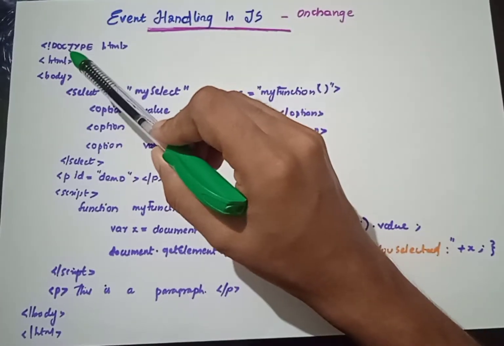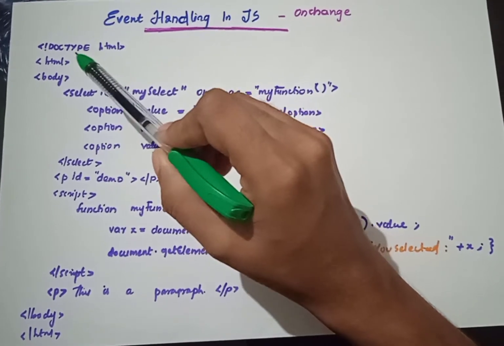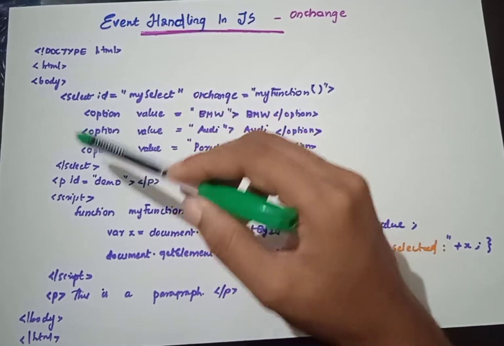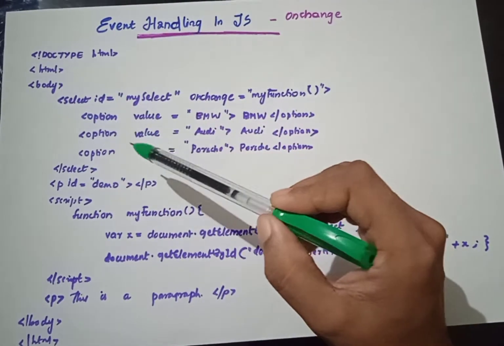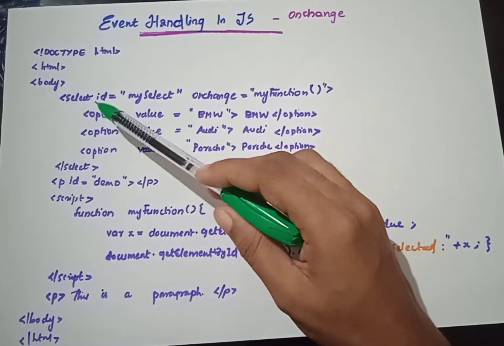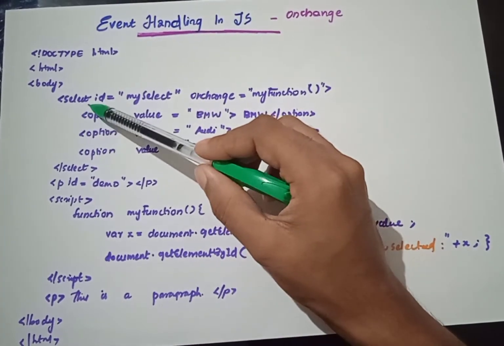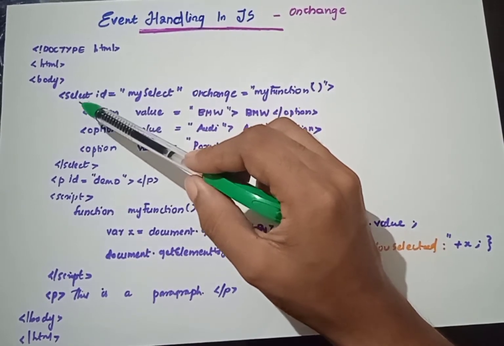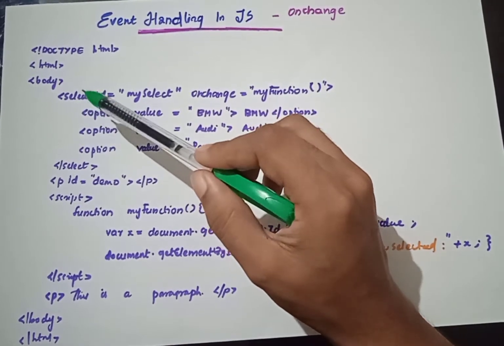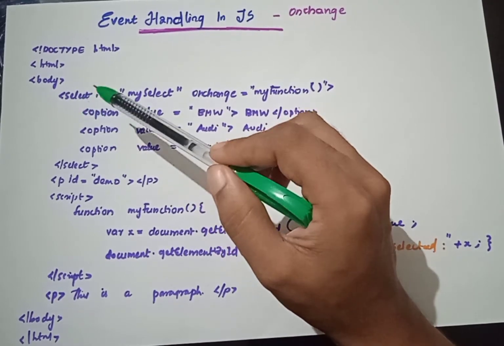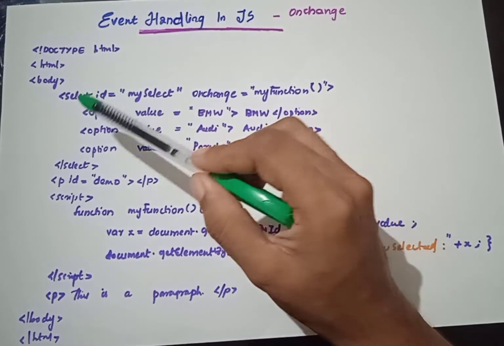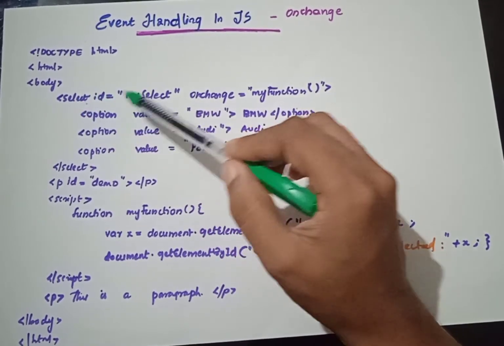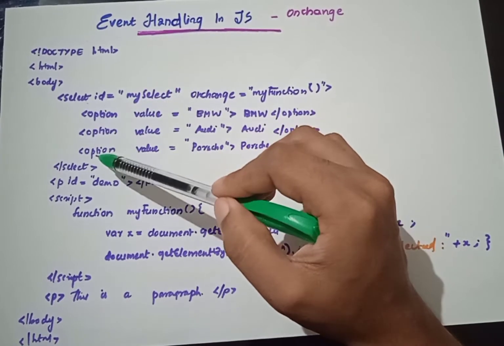So we are directly moving to the code now. We define the document type HTML and the root HTML tag, and inside the body tag you can see the select tag. The select tag indicates this is a drop down list. Whenever you want to add a drop down list to your web page, all you need to do is insert the select tag with the id if needed and the option values.